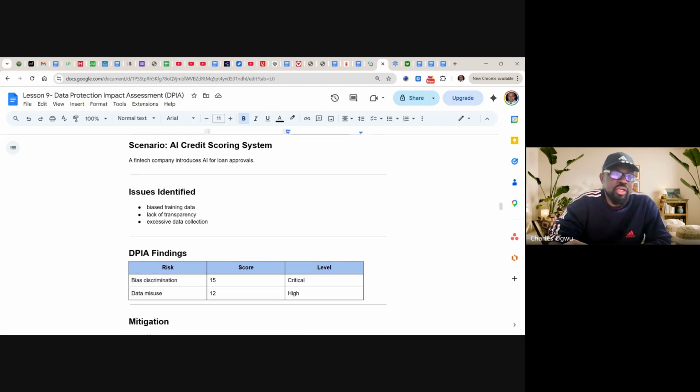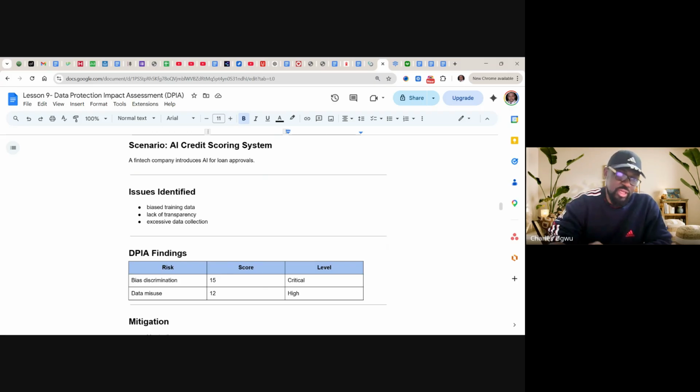So in a situation like this, try to identify biased training data, lack of transparency, and excessive data collection. These are areas of risk.